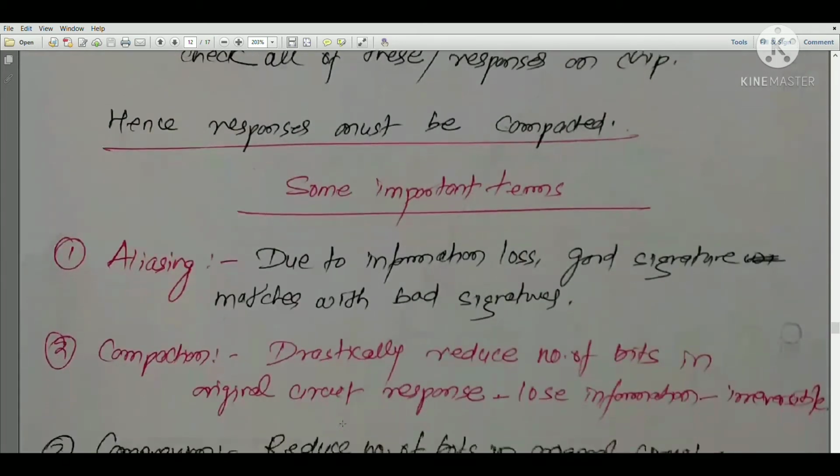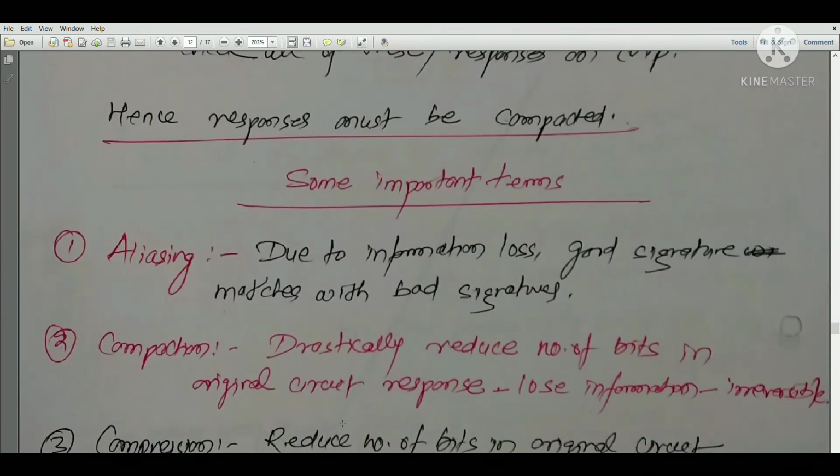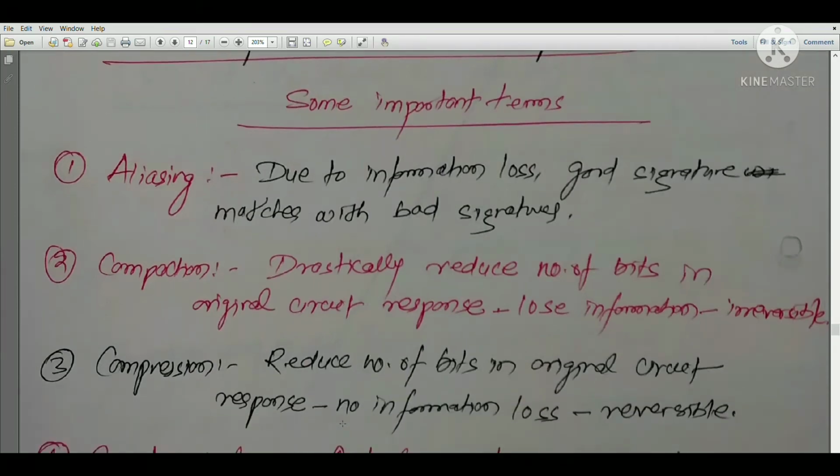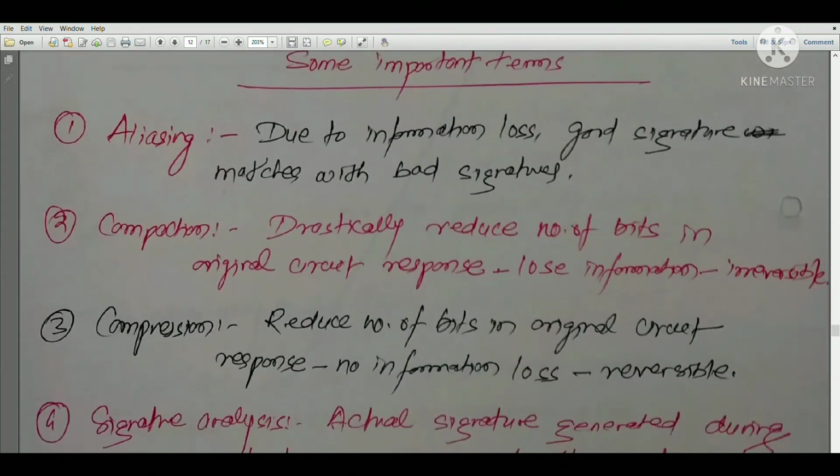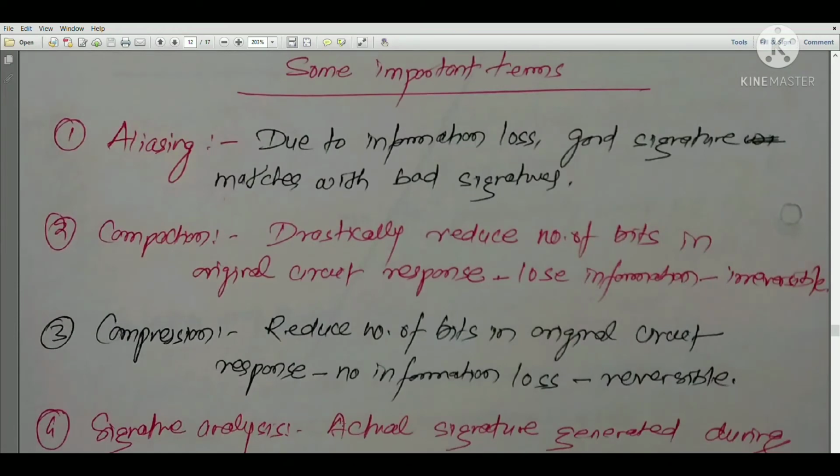Some important terms are there when we are talking about the compaction of the response. First is aliasing, very important. Due to information loss, good signature matches with bad signature.